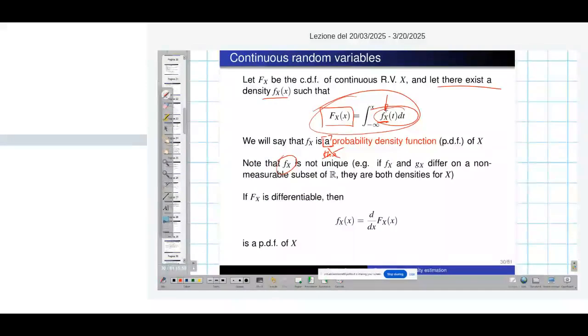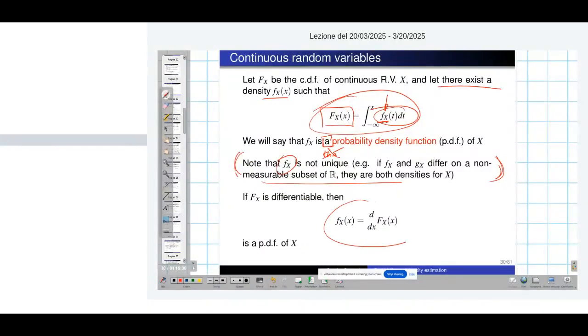If I find one, I can define an infinite number of equivalent densities. Again, this is something that we will not do, but mathematically it's not the same. We don't have a single density, but it's better to talk about one density.